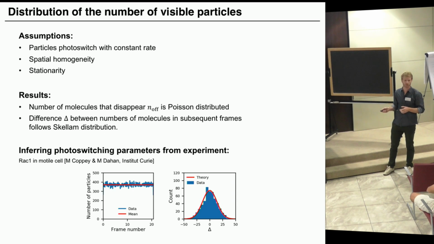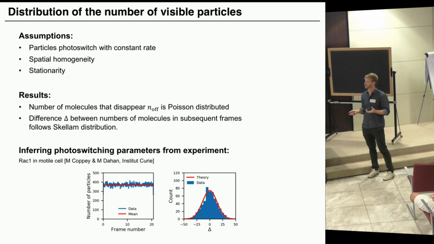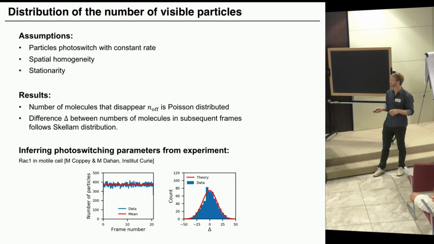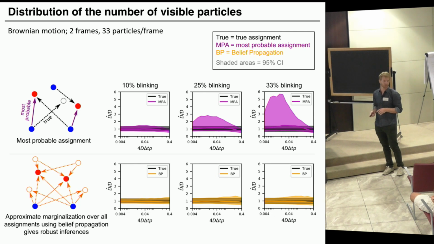This gives us the hyperparameters for how many particles are going to appear and disappear, so we can put this directly into our non-tracking algorithm. And when we do this, we now recover results that are almost as good as if we actually knew the true trajectories, even at high density and high photoblinking.